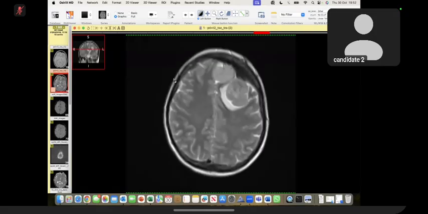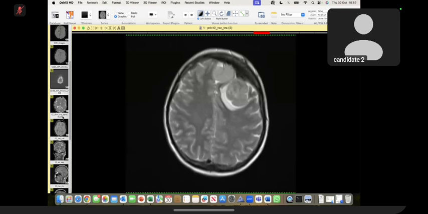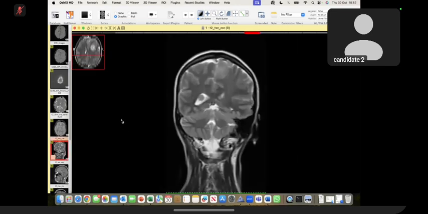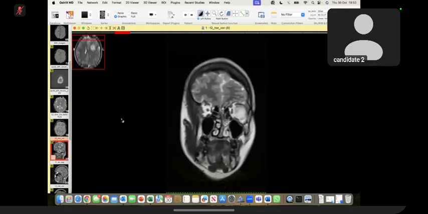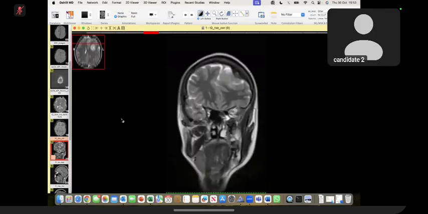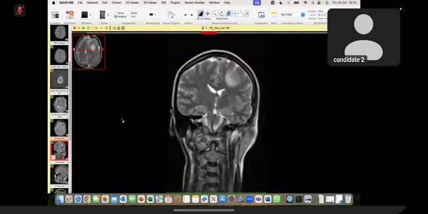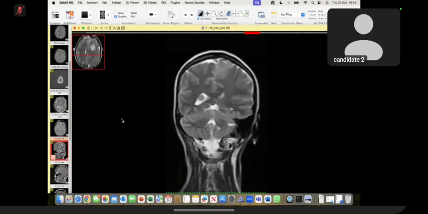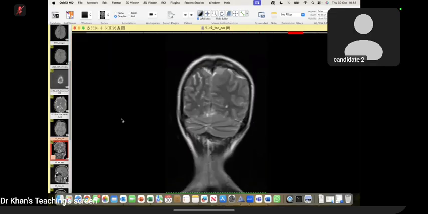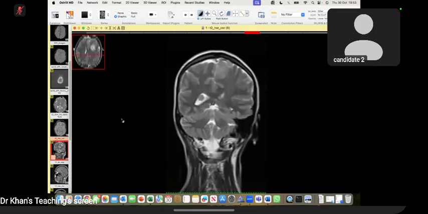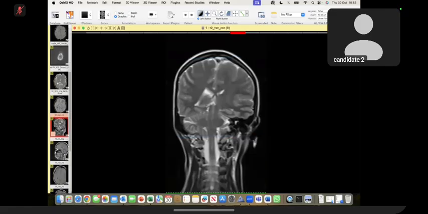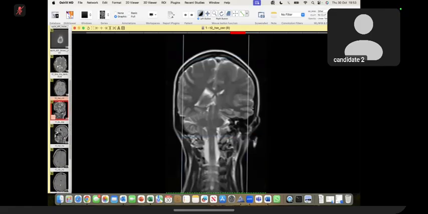Can I see sagittal images as well, or coronal, to look for any other lesions? So these are the major ones. I would like to have a look at the post-contrast imaging, if available, to look for their enhancement pattern.